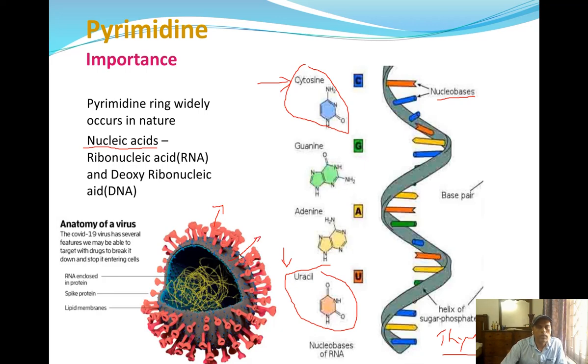Inside that you have the RNA, the nucleic acid, and with the help of RNA they multiply. So this RNA is going to replicate, and because of that replication, it is going to multiply and spread.